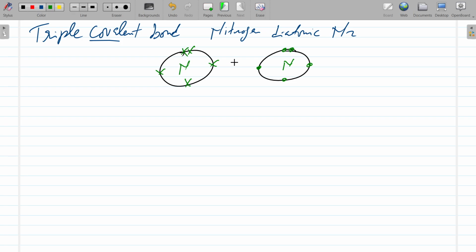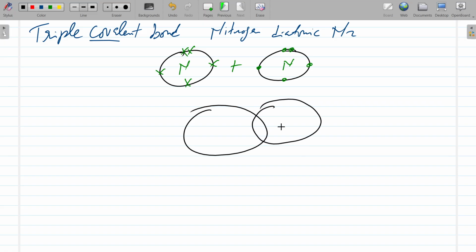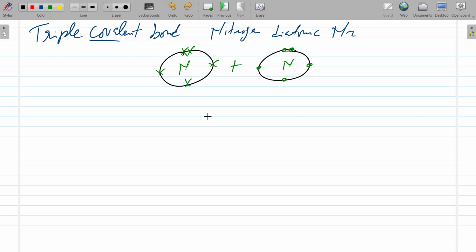And so you can probably see what's going to happen. What we end up with, you've got 3 of these electrons that are unpaired in each, and those will be shared. I'm just drawing this large so that I can properly show the 3 electron pairs being shared. So dot cross, dot cross, dot cross. Barely managing to squeeze that in.